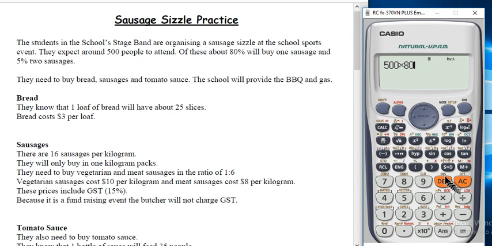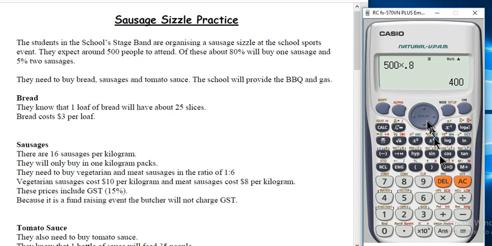If you don't have a percentage key, now notice that there is a percentage key just here, but if you didn't have that, you would have to change that percentage into a decimal value, which is just dividing it by 100, 0.8. Okay, 0.80, that's actually 80%. You don't have to have a 0 afterwards, it doesn't make any difference. So you hit equals and 400.